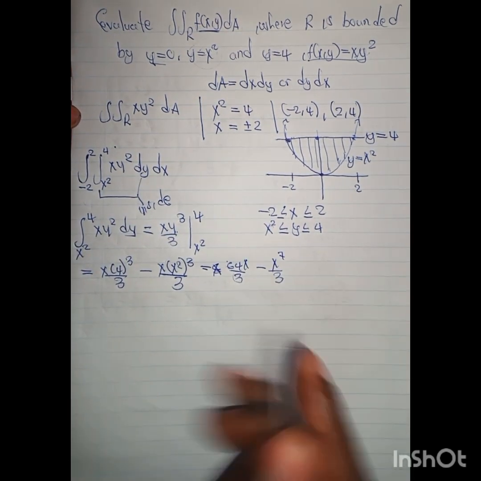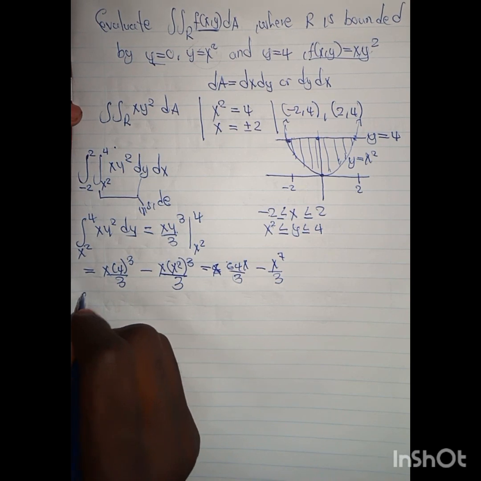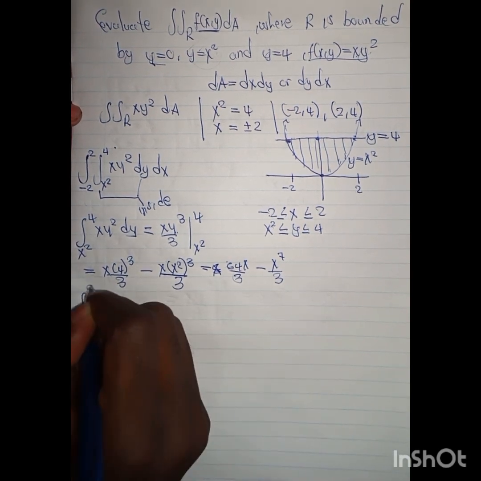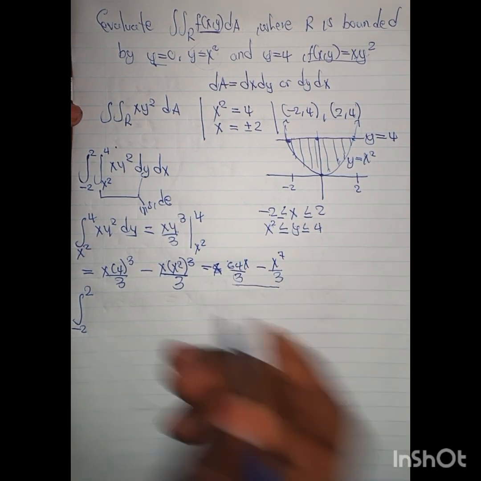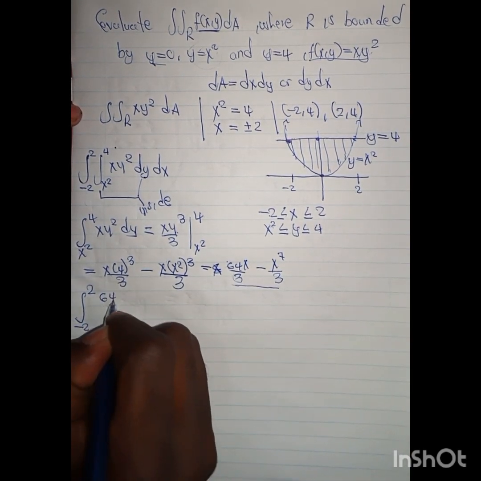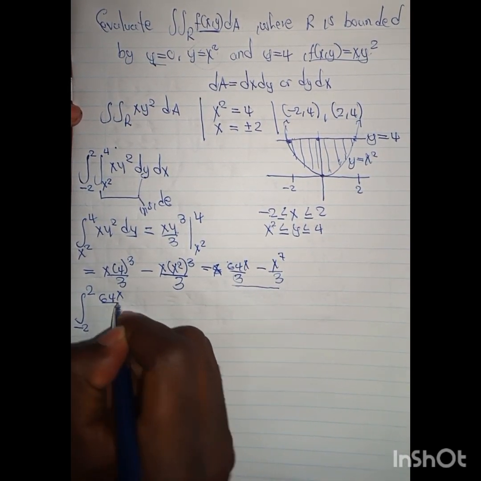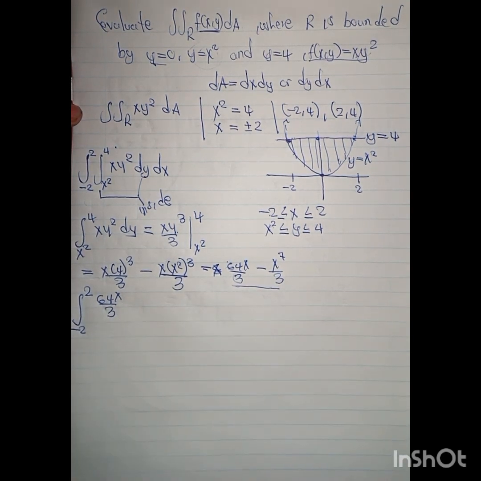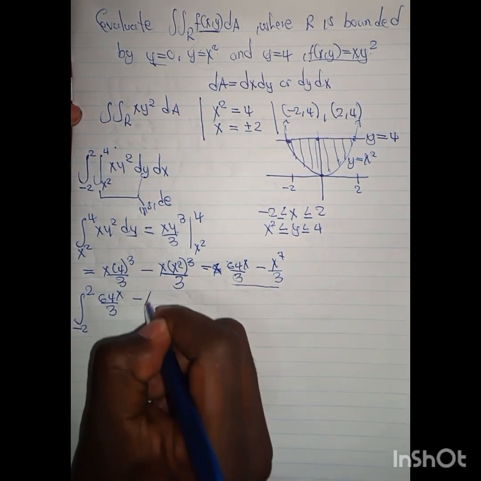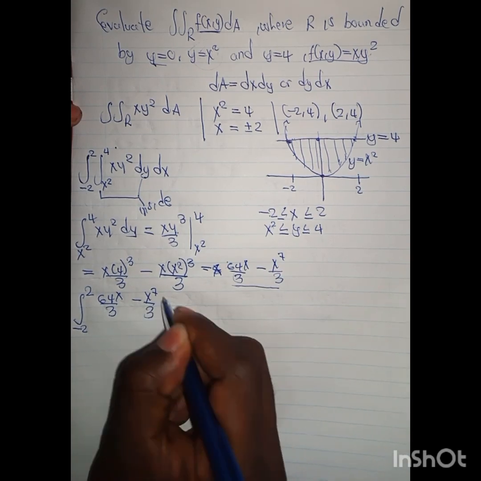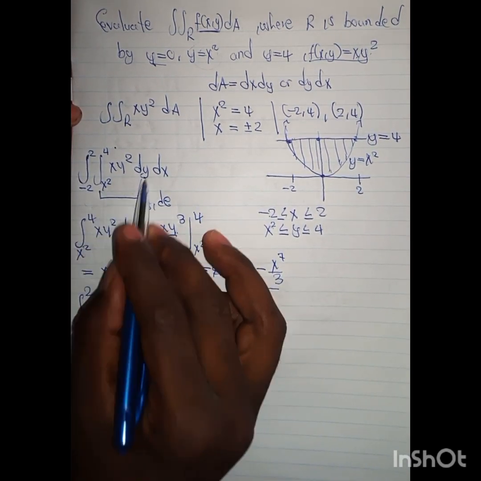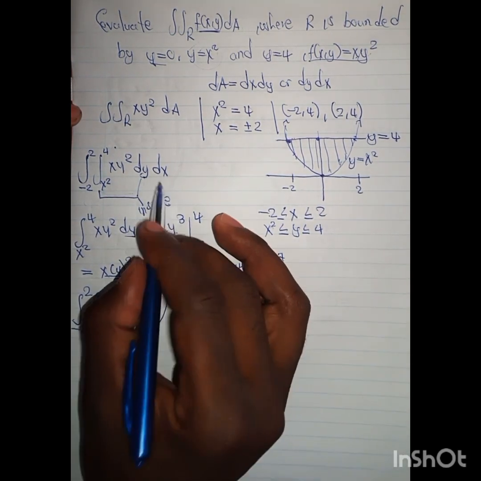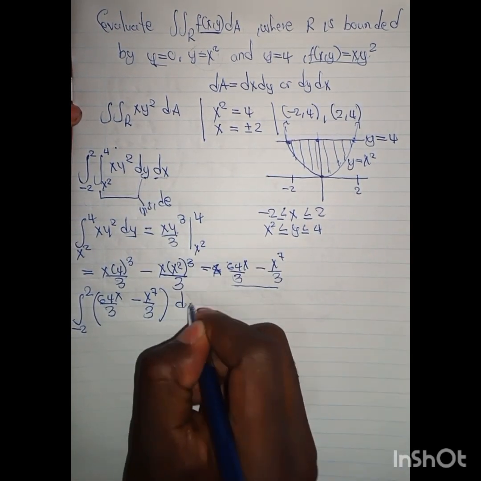Then this expression which we have here will be used to represent the inside part of our double integral. So what we have right now is minus 2 up to 2. Instead of the inside part, now we must have the expression 64x over 3 minus x to the 7 over 3, and then dx.